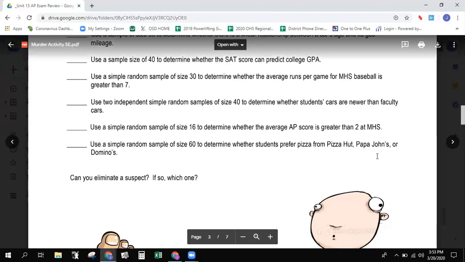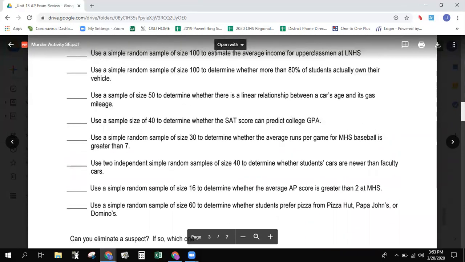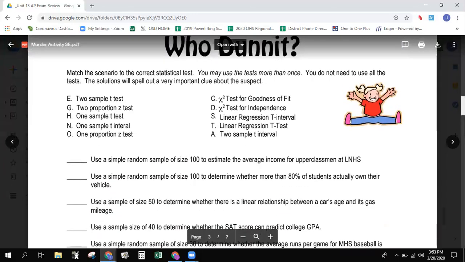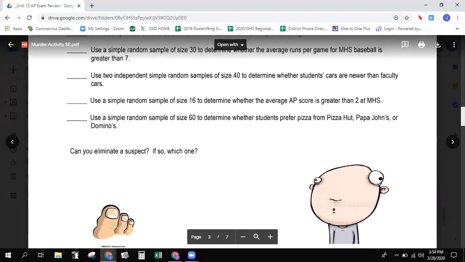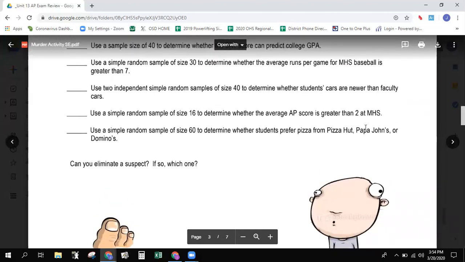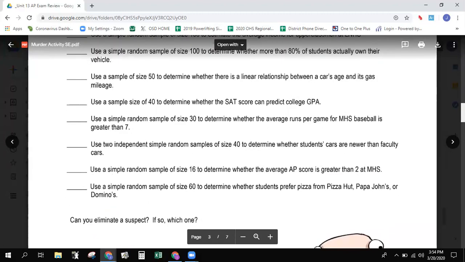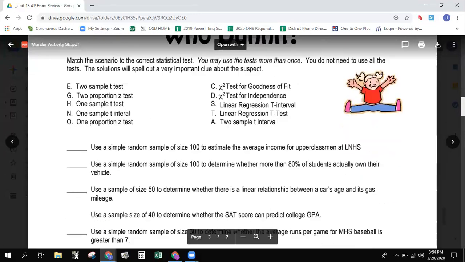Remember, chi-squared is the only one that we can compare more than 2. So we go up to the chi-squared, and that's going to be a chi-squared goodness of fit test, since it's just one group and we're looking at the percentages. The null hypothesis in this case would be that Pizza Hut, Papa John's, and Domino's would all be equally liked, and the alternative is that one of those is liked more than the others.